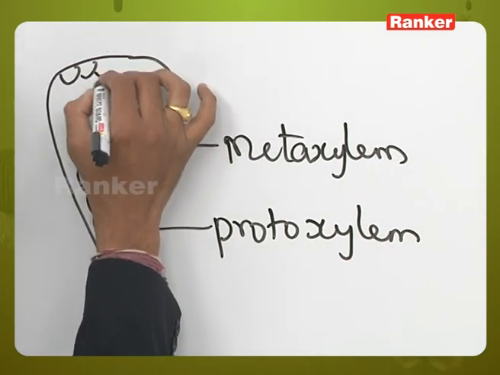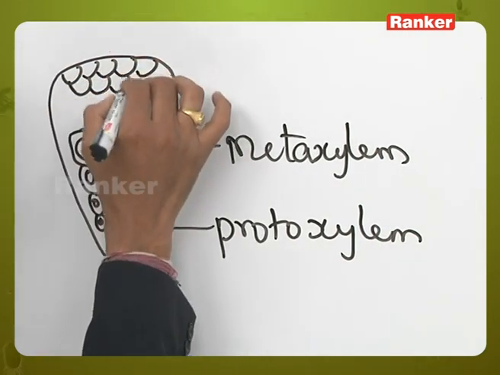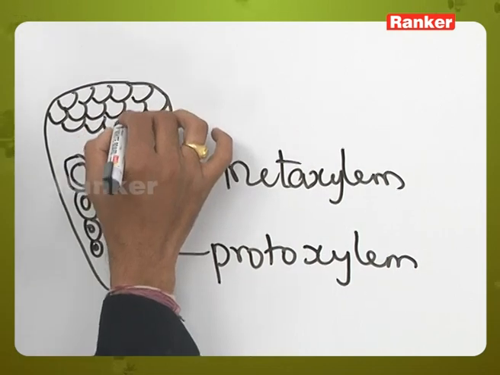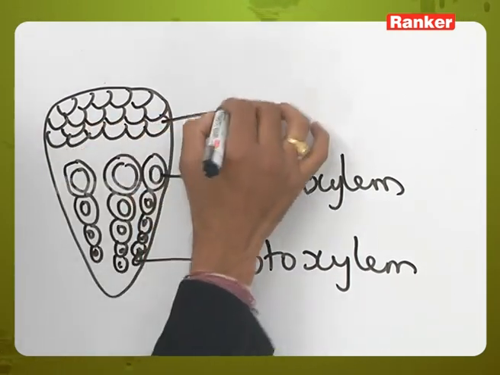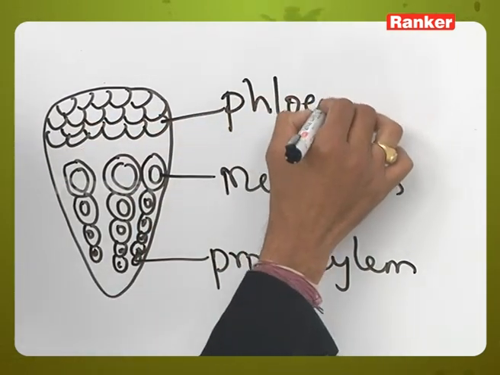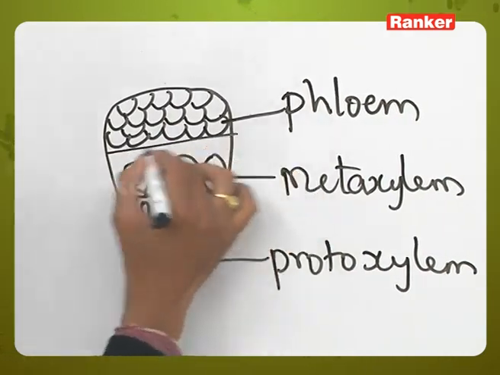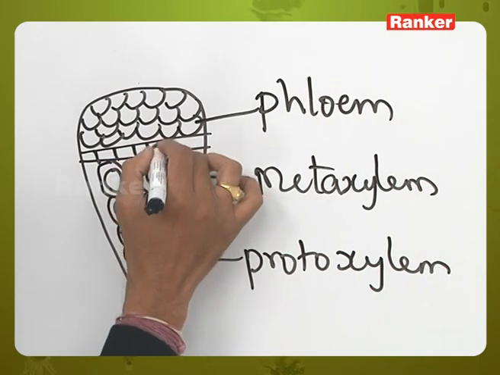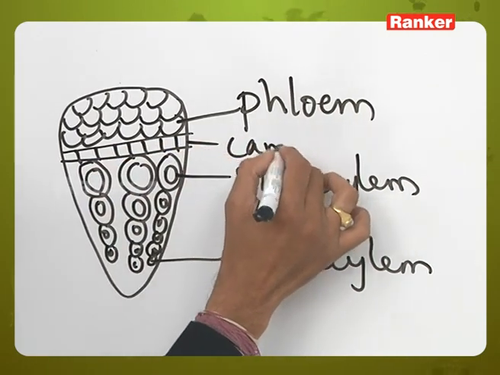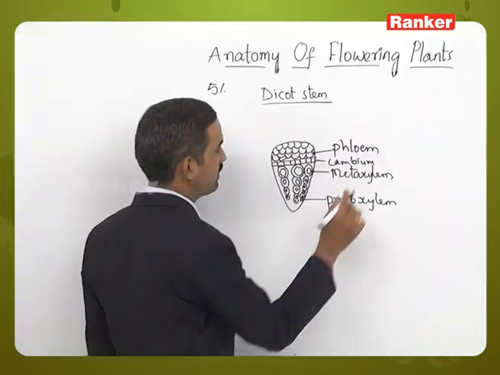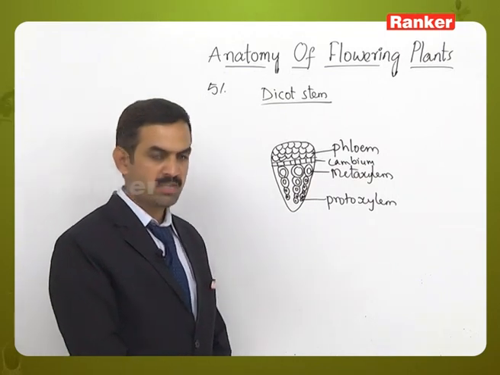And on the upper side, the outer side of this vascular bundle, is the presence of phloem tissue. And separating the xylem and phloem, we can see the presence of cambium. This type of organization can be seen in the vascular bundle of dicot stems.